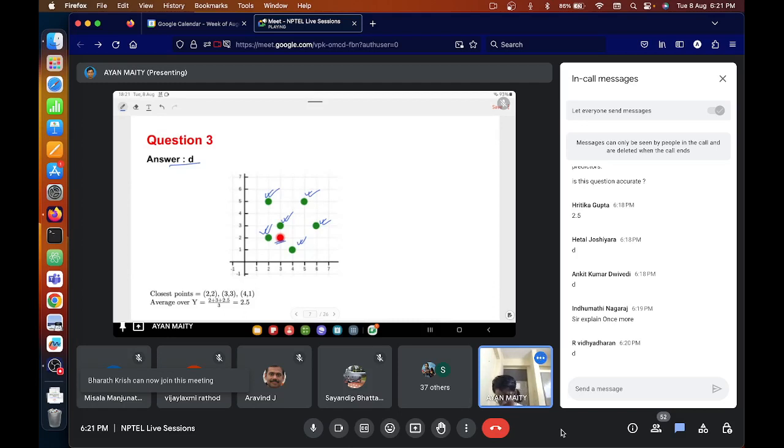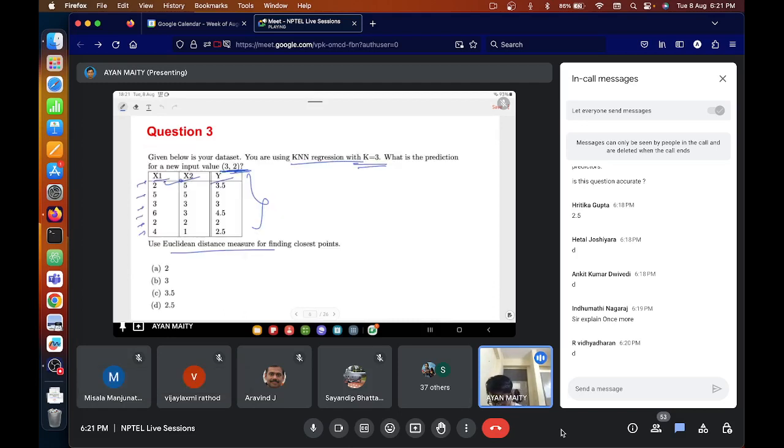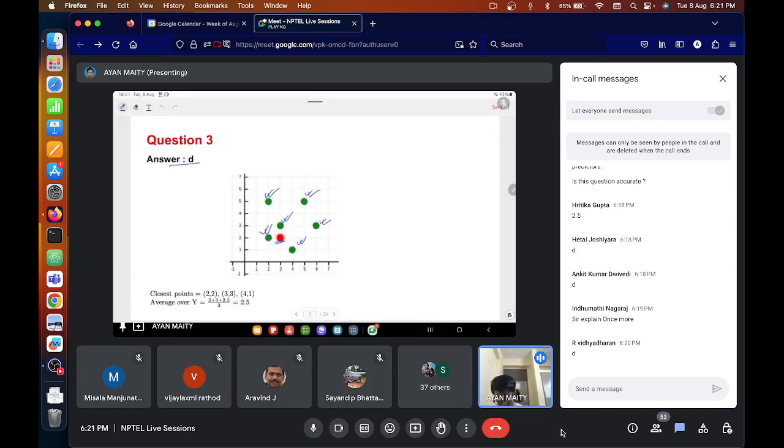So you can find out the coordinates of each point using x1 and x2. These are the 2 coordinates, x1 and x2. So from this graph we can find out that these are the 3 closest points to this red new input point. The closest points are 2, 2; 3, 3; and 4, 1.